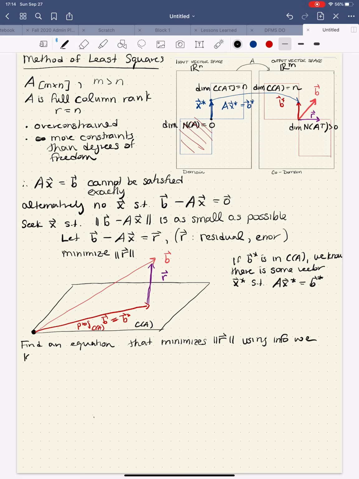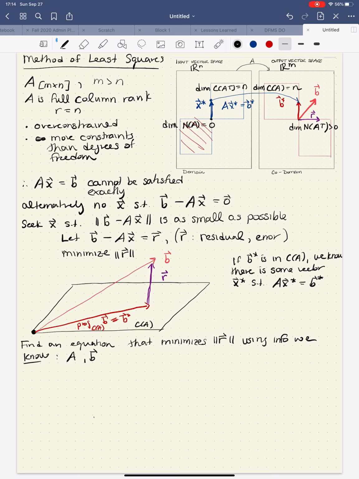And this is the hardest part. All we know is A and b. And what we're doing is we're trying to figure out how to find this x star that minimizes this residual.